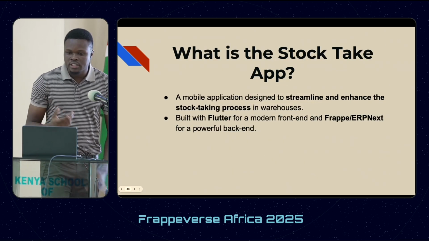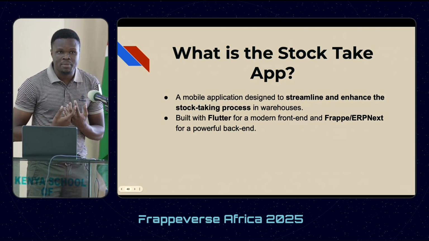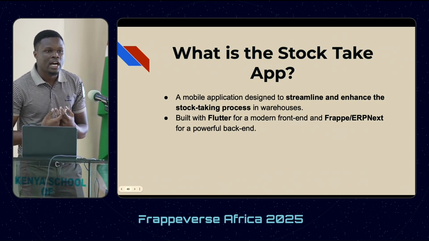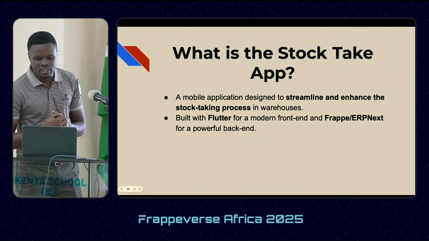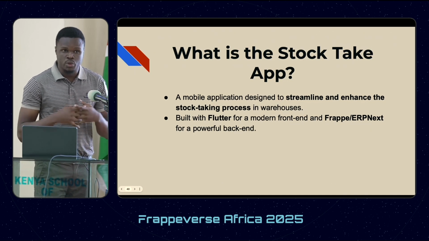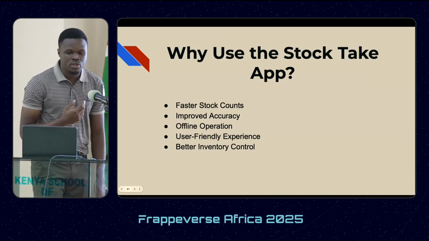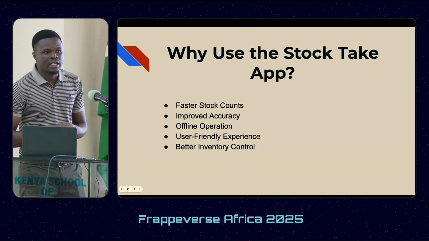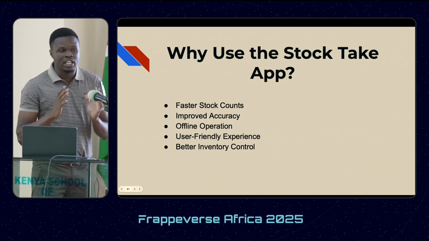The StockTech app is basically a mobile application built on Flutter, with Frappe or ERPNext as its backend. It helps with the stock taking process in warehouses, and that is it. So why the StockTech app? Because it's fast in counting, since it looks like a calculator.